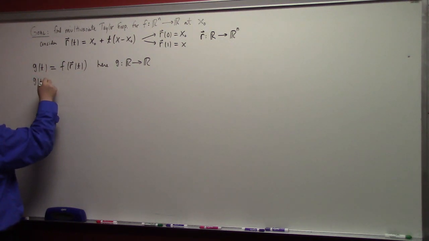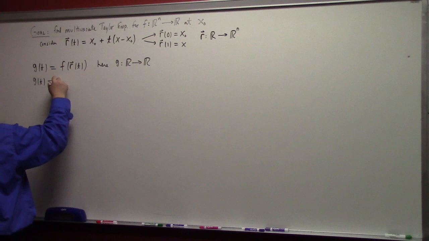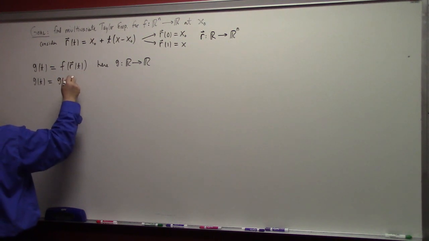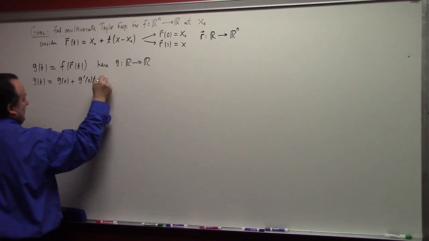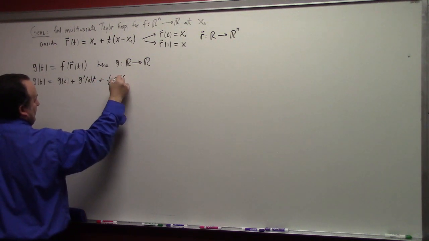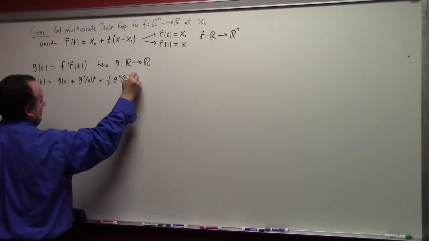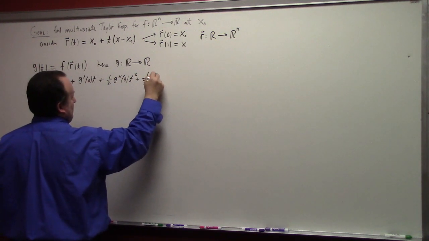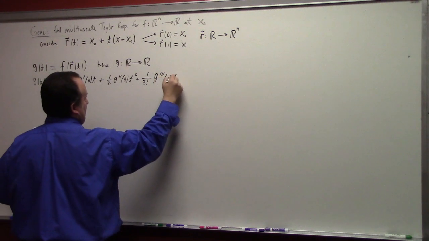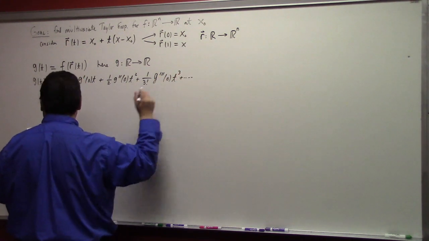If I look at the Maclaurin series, for example, I would have what? I'd have g of 0 plus g prime of 0 times t plus 1/2 g prime prime of 0 times t squared plus 1/3 factorial g prime prime prime of 0 times t cubed, and so forth, right?